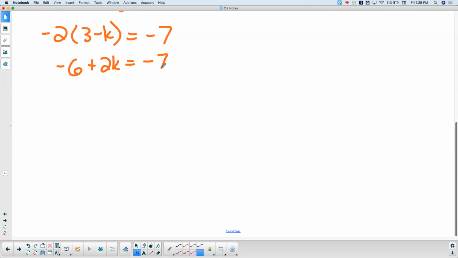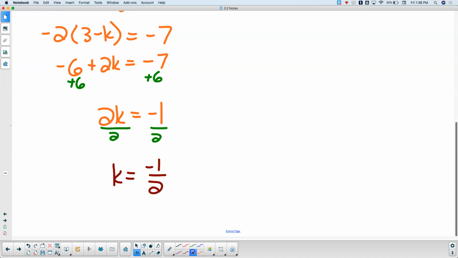Add 6 to both sides. So when k is -1/2, the slope between those 2 points is -2. If k is any other value, the slope is not -2.